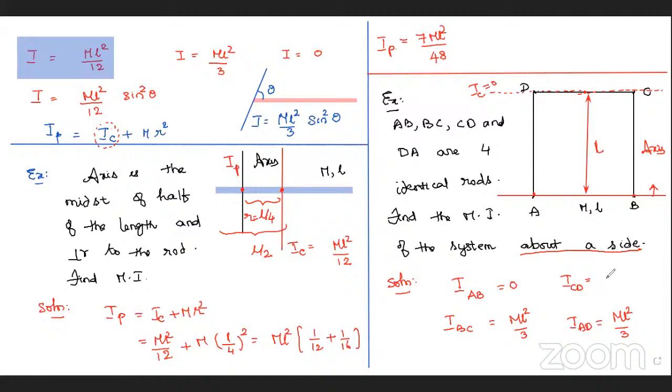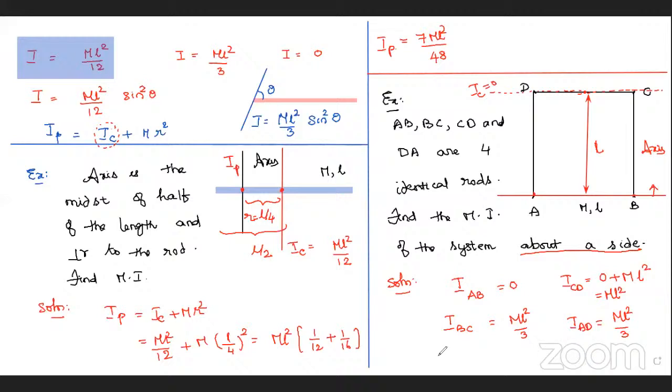So according to the parallel axis theorem, I for the rod CD about this axis is I_P equals I_C plus MR square. Perpendicular distance is L, so that is ML square. Now I think everybody can get the answer here.